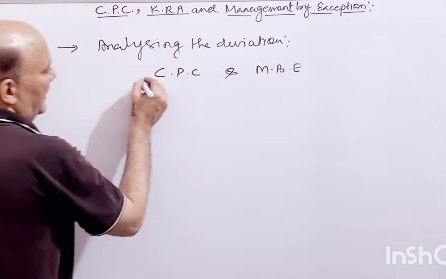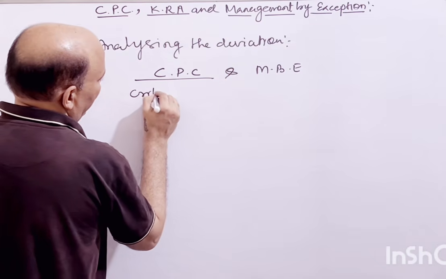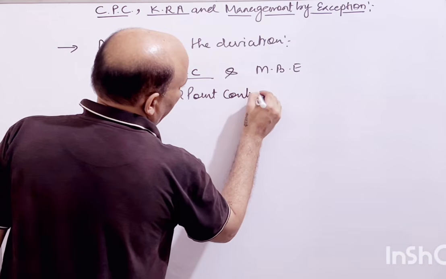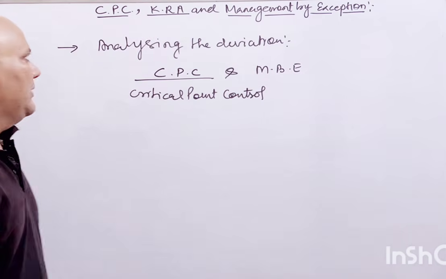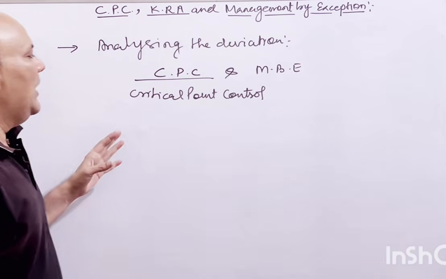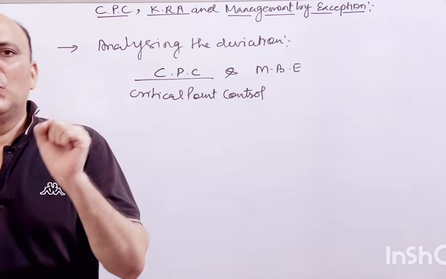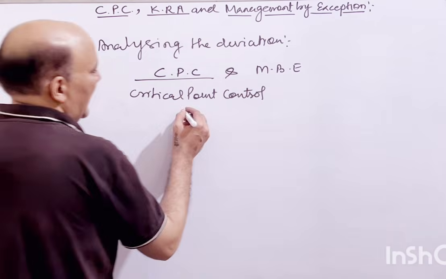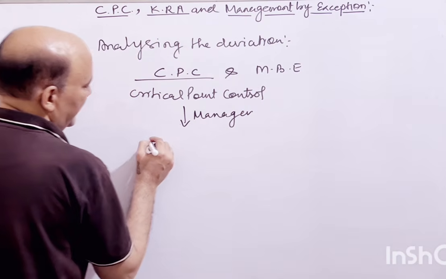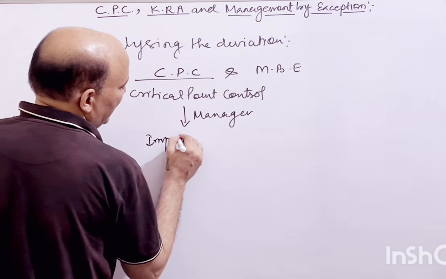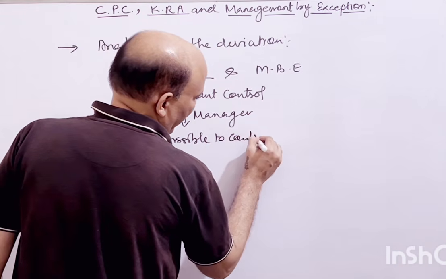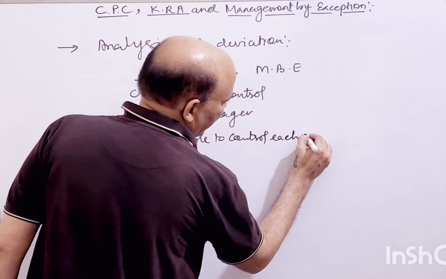So what is CPC? That is critical point control. That means in management, when you are having the controlling process, you need to have some critical points where you can control. As a manager, it is impossible to control everything, to control each process.